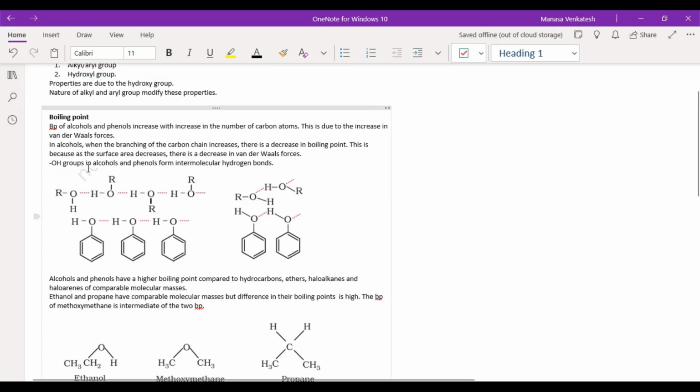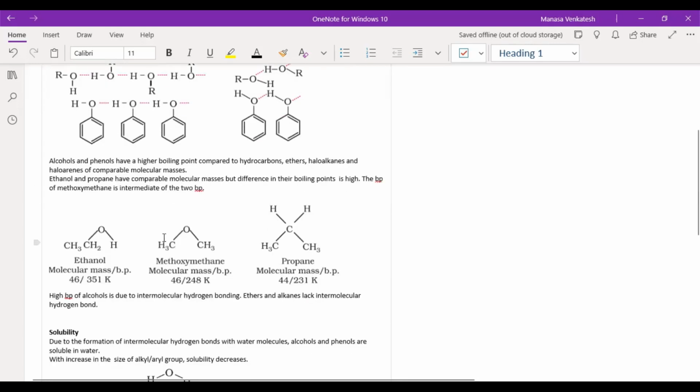Now, as I told you, OH groups in alcohols and phenols form intermolecular hydrogen bonds. Because of that, alcohols and phenols have higher boiling points compared to haloalkanes, hydrocarbons, ethers, or even haloarenes of a comparable molecular mass. So here you have ethanol, propane and methoxymethane. This is an alcohol, this is an ether, and this is an alkane.